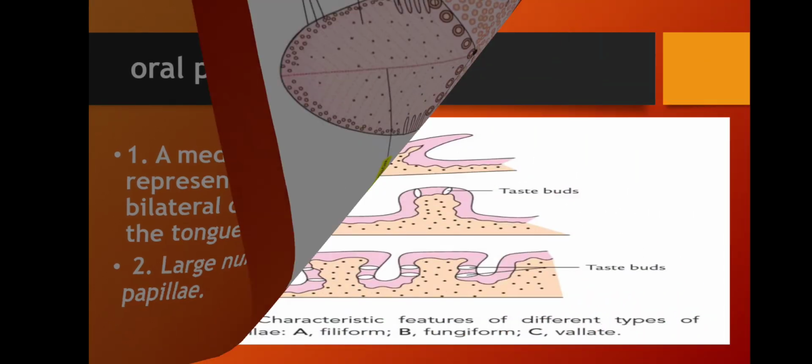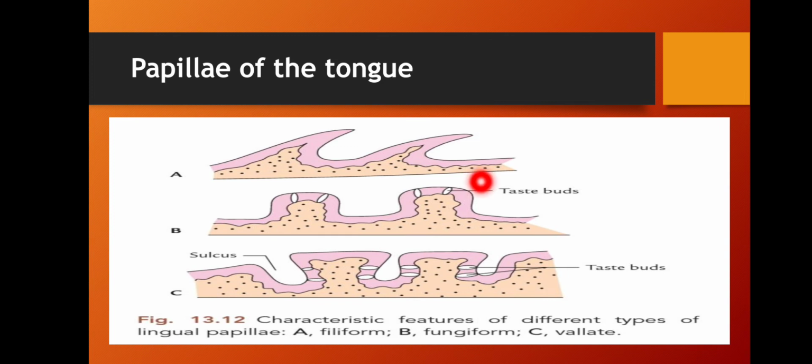So next, please observe the structures. This is the diagram indicating the filiform papillae, this is the fungiform papillae, and this is the circumvallate papillae. See here, the circumvallate papillae have the sulcus. Along with that, they also have taste buds. These taste buds help to perceive the taste of food materials. And next, this is the fungiform papillae.